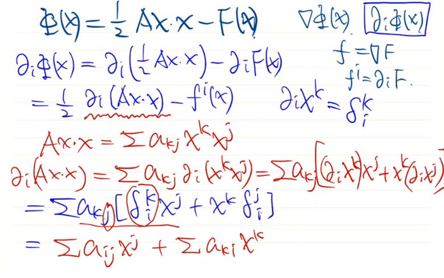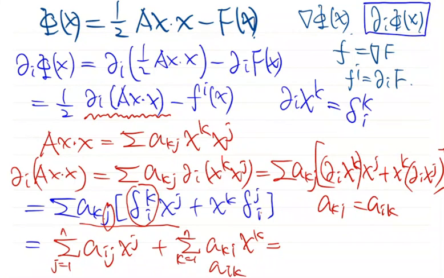So this is the sum j from 1 to n, and here k from 1 to n. Because A is a symmetric matrix, a_ki is a_ik, so we can write this as a_ik. So these two sums are the same.